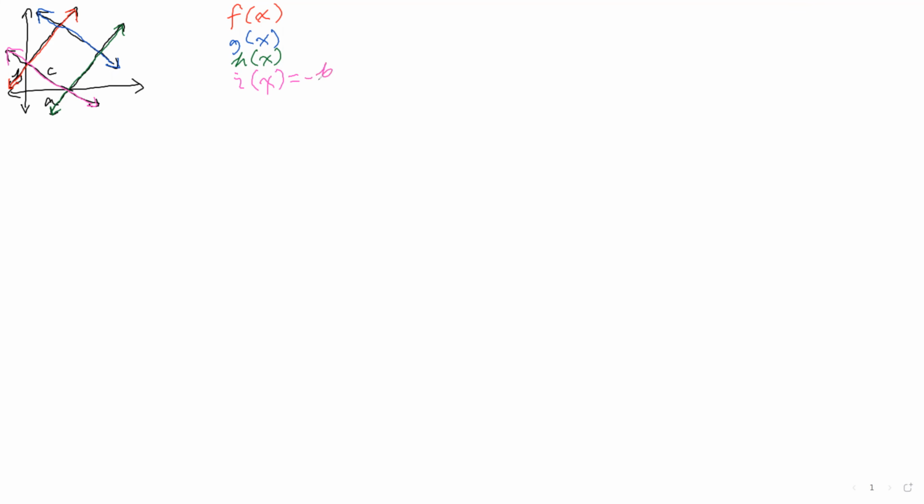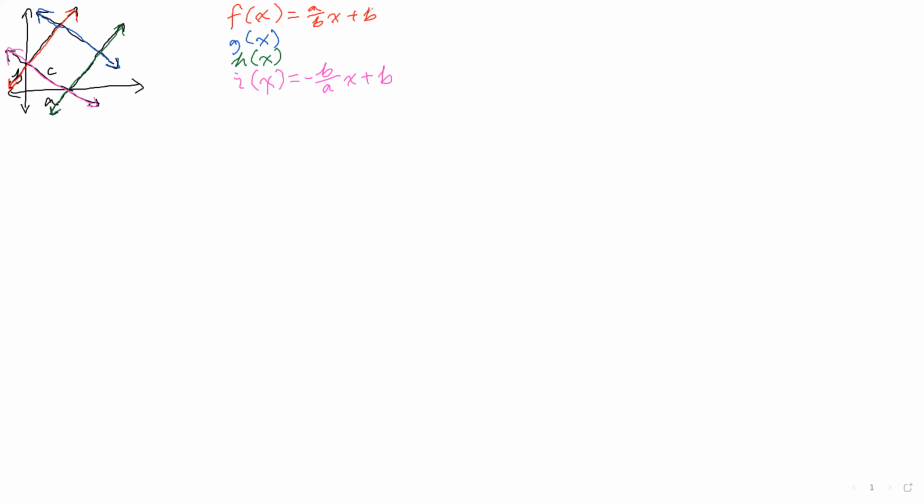So this equation would be negative b over a x plus b. Then f of x is perpendicular to that, and the y-intercept is again b, so this is just a over b x plus b.